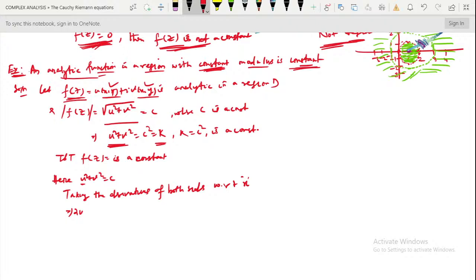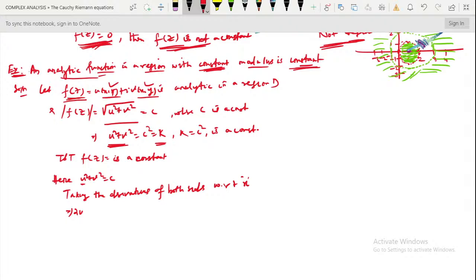So if I cross multiply this, I will get vx uy equal to ux vy. Okay, and vx uy minus ux vy equals 0.